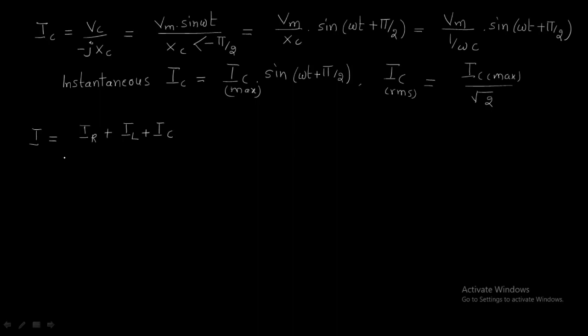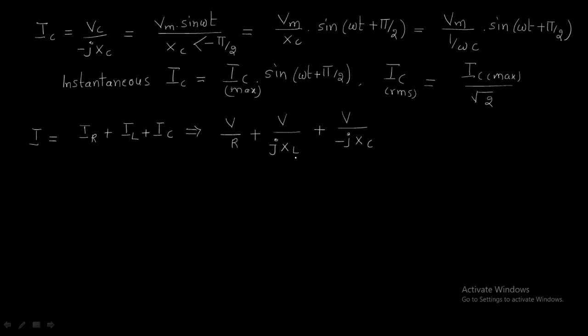But if you observe here, the current values are like this. That is, here the current IR equals V by R, which we already wrote. What about this? V by minus jXL and V by minus jXC.